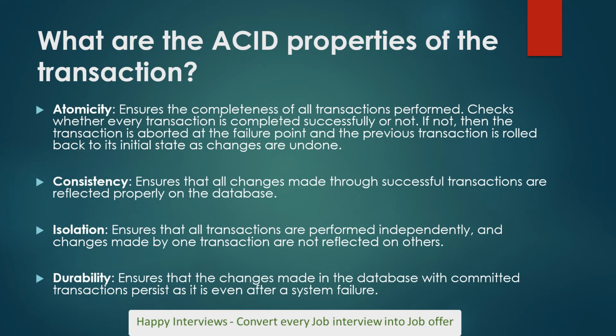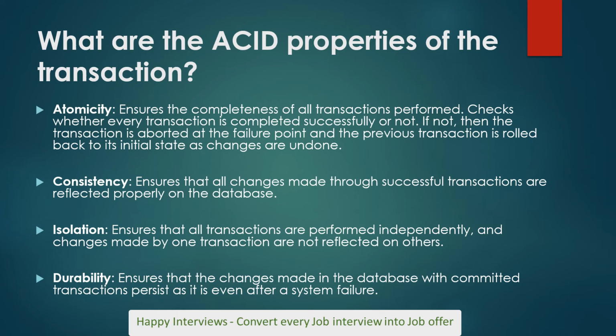Like, if I am withdrawing money from the ATM, then it should be reflected in my account that this much amount has been deducted. And if I am adding some money, then it should be reflected. So whatever transactions are performed should be reflected in the database.